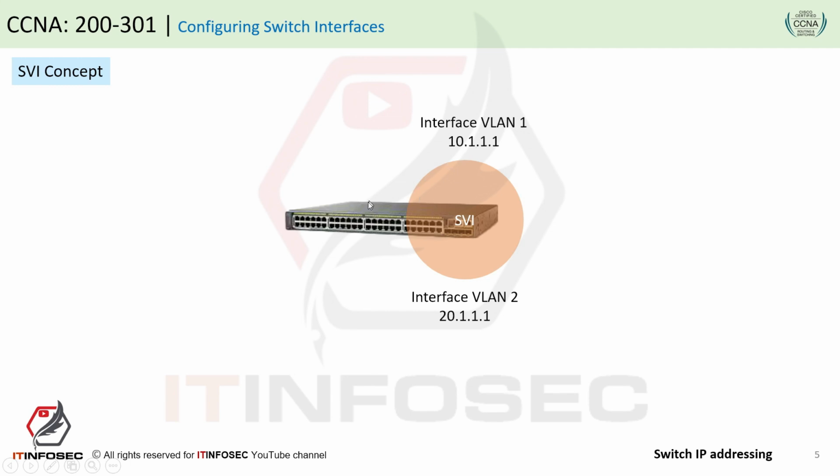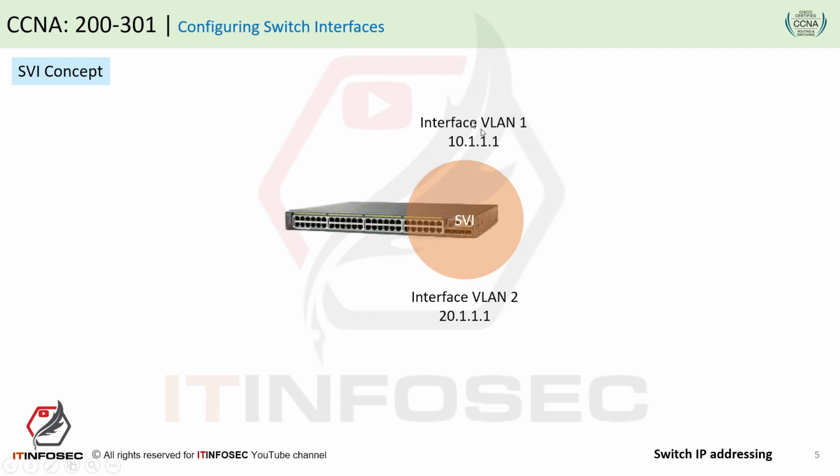For example, interface VLAN 1 for VLAN 1, and interface VLAN 2 for VLAN 2. Each VLAN is known by a number assigned to that VLAN, for example VLAN 1, VLAN 2, VLAN 3, and so on. We will learn completely about the VLAN numbers, how many VLANs we can have, and all of the things about that in the next videos.